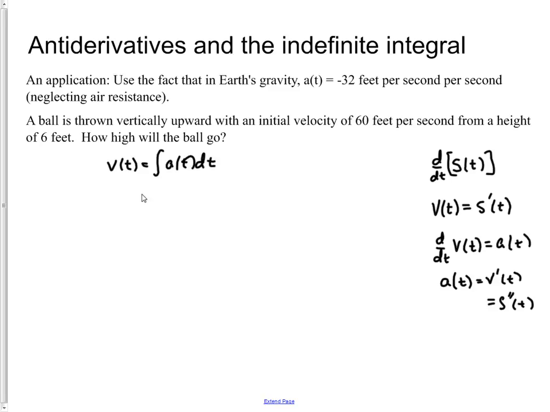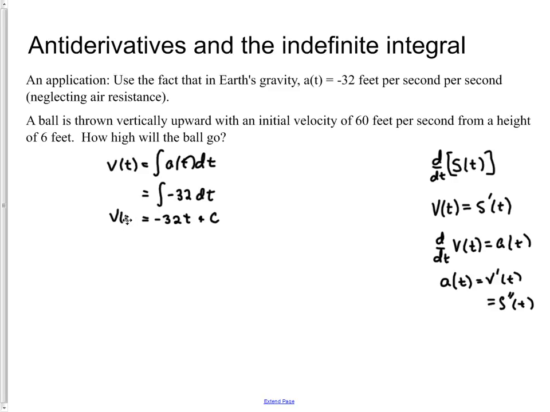And that's where this is going to be useful, because now we know that if it's constant acceleration, we're taking the antiderivative of the constant negative 32 dt, and that results in a function of negative 32t plus some constant of integration right here.